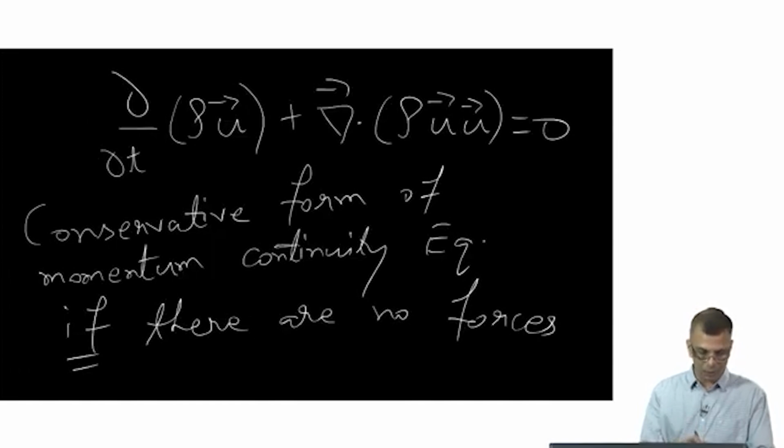A complete version of the momentum equation then would be, just by analogy with the surface forces, this: the conservative form of the momentum equation with forces included.